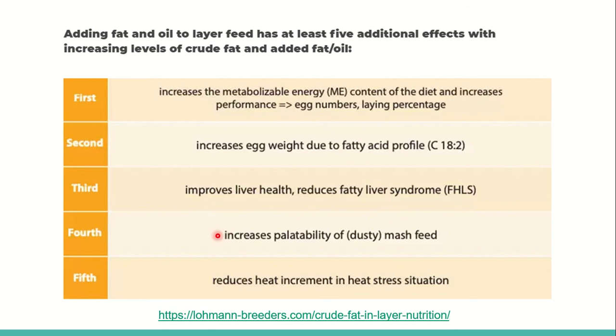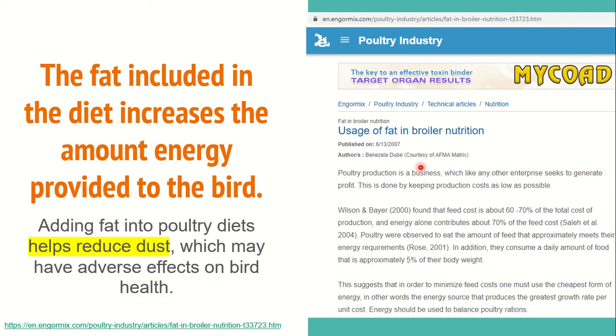Yung fat, mas masarap yung natabtaba. Okay? So, it increases the palatability of dusty mash feed. Number 5 is reduces heat increment in heat stress situation. So, yun yung nakita nila sa study na ginawa.